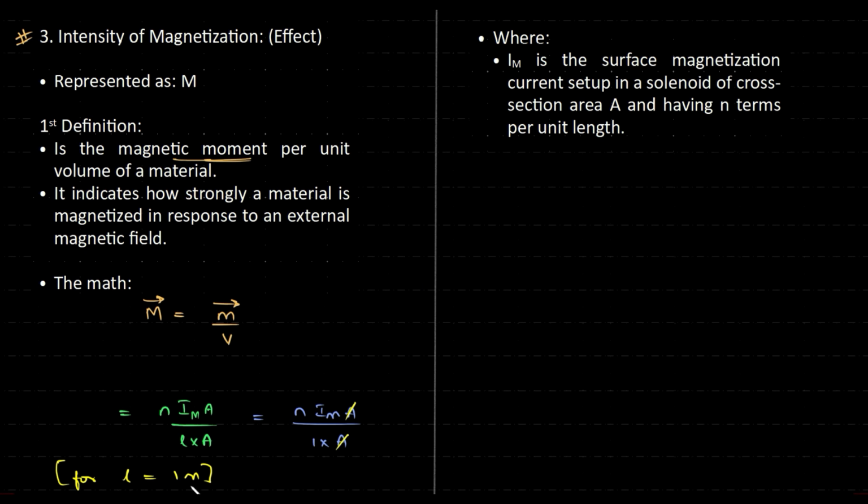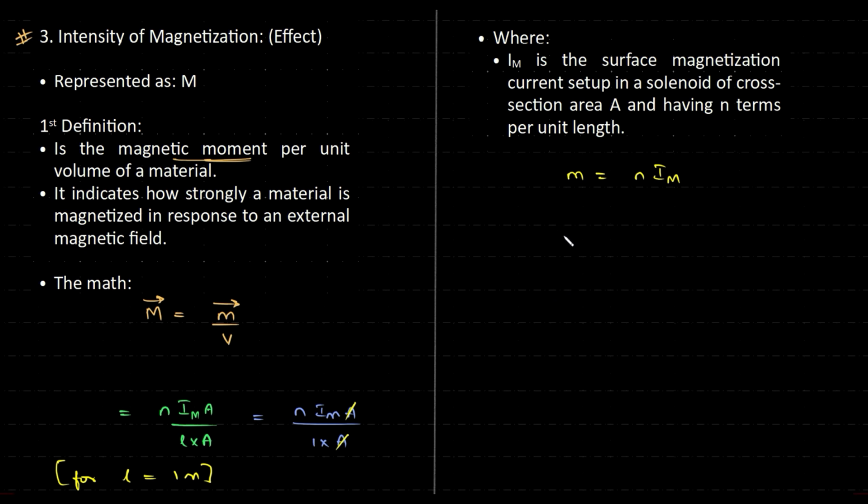That's why we have taken L to be 1 meter. So we know that M is equal to Ni, because we have it to be of unit length.